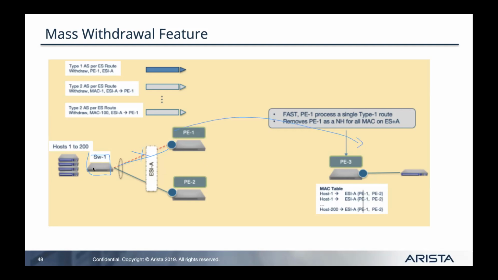Now, if you have continuous traffic, as soon as this link goes down, immediately it should fall back on this PE2. So it should have learned immediately, right? And as soon as it learns, it will send out the type 2 route to other PE devices. And based on this withdrawal route, it will remove this PE1 from its table, that now ESI A is only reachable through PE2.